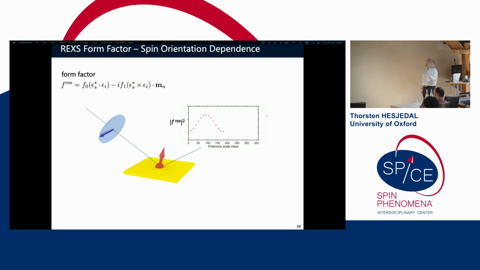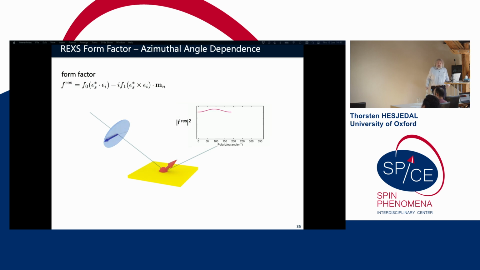So if the spin is in plane or out of plane, the signal is 0, and if it points at 45 degrees, it's at a maximum. Okay, so now let's look at it as a function of the azimuthal angle. These plots are now for the spin at 45 degrees, but rotated around psi, and you can see that you get the phase shift here in these plots as a function of polarization angle.